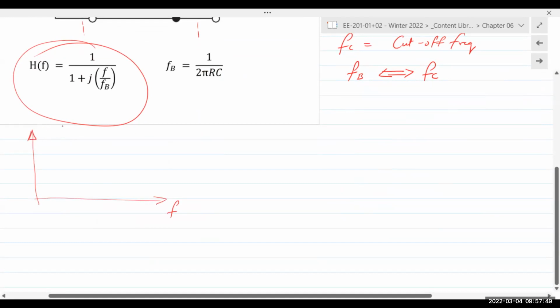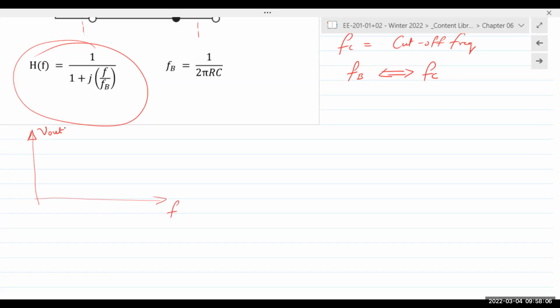Actually, instead of taking H of F, I'm going to say V out on the y-axis. Right now we'll leave magnitude aside, but a simple plot of how V out changes with respect to frequency. What do we expect? If it's low pass, it should allow low frequencies to pass through, and it should block certain high frequencies, right?